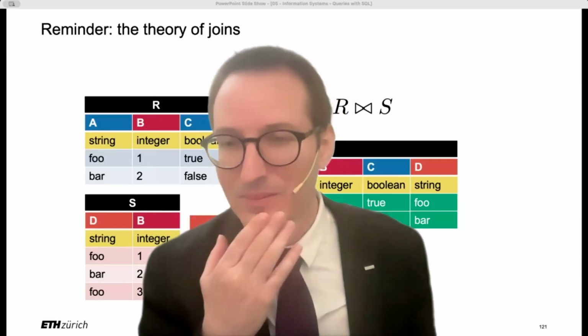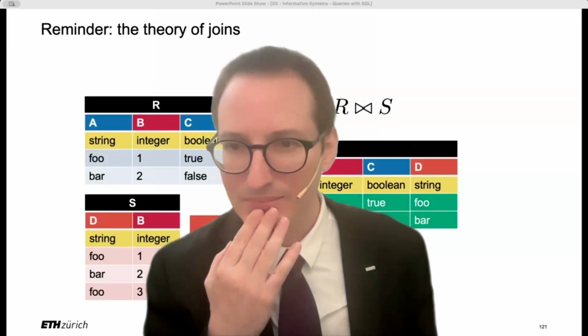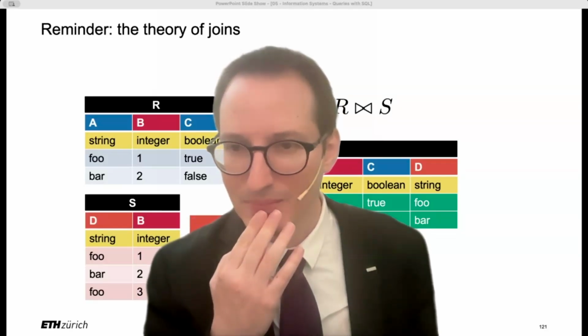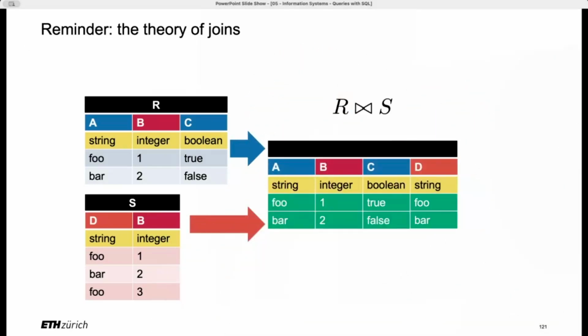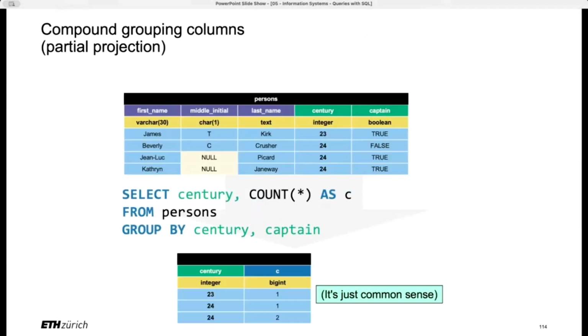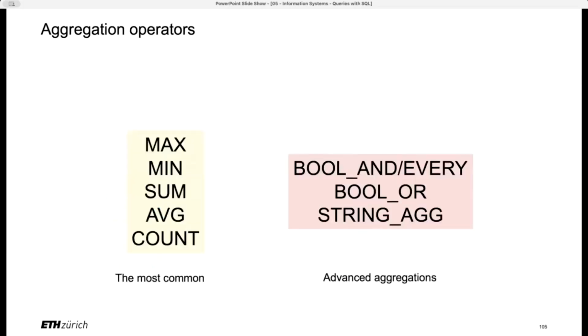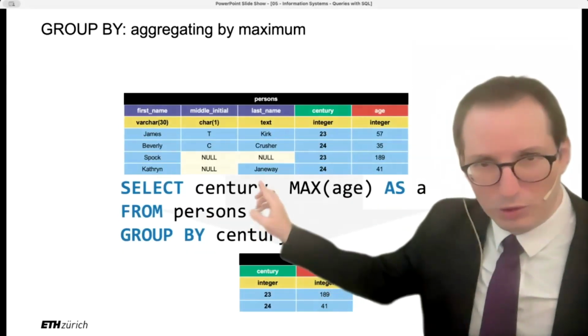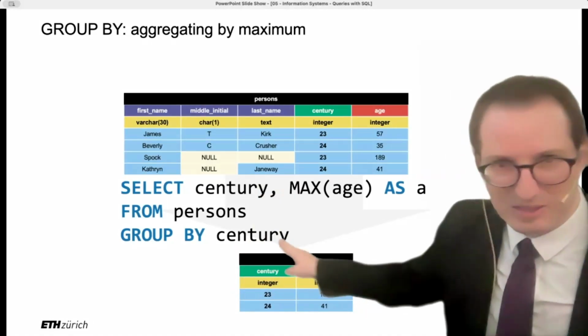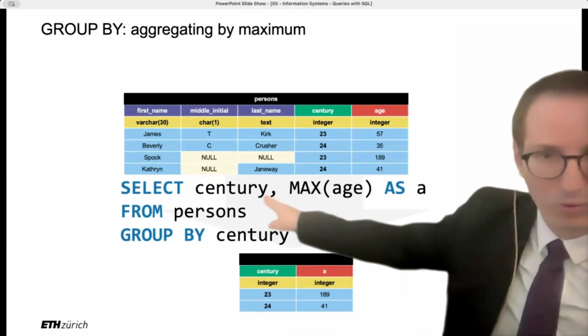Avoid aggregating grouping columns. This means not having both century and age in both group by clause, right? Yes, if you aggregate by age, I think you're referring to a slide where I had, yes, this one. What I mean is that you shouldn't have group by century age and then century max age.